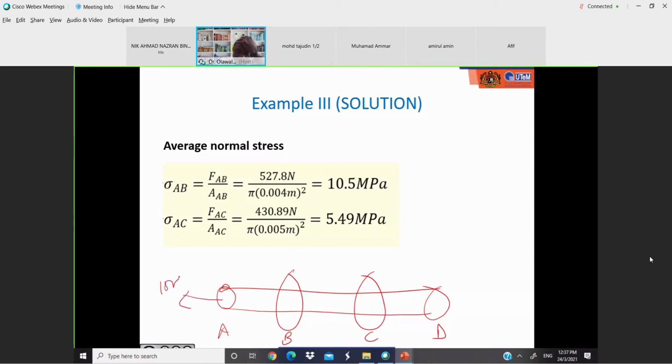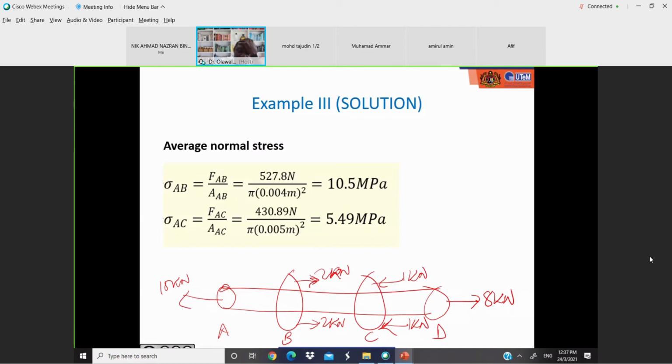I have 2 kN here, 2 kN here, 1 kN, and 1 kN. So here I'm going to have about 80 kN. Now if you look at this, how many forces do I have here? Satu, dua, tiga, empat, lima, enam.